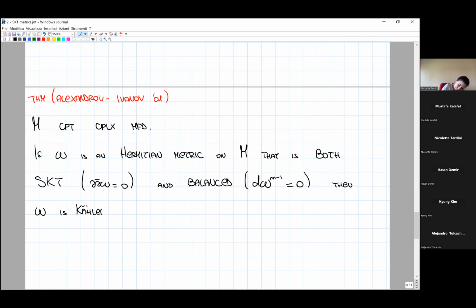So if I have one metric that is both SKT and balanced, then it has to be Kähler. Kähler again means omega is closed.